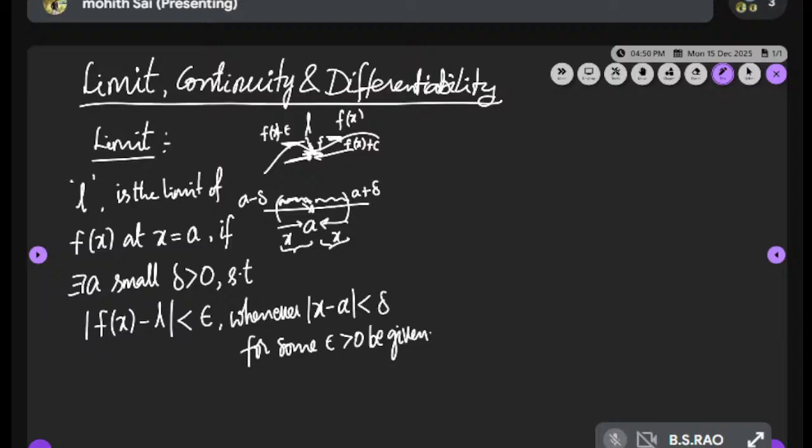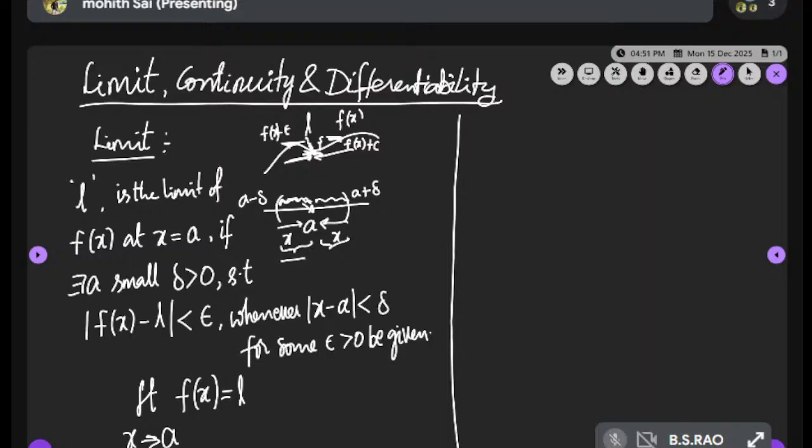As x approaches a, either from left side or right side, the function value approaches L. We write it as limit x tends to a of f of x equals L. When you approach from left side, we get the left hand limit, which equals limit x tends to a minus of f of x.